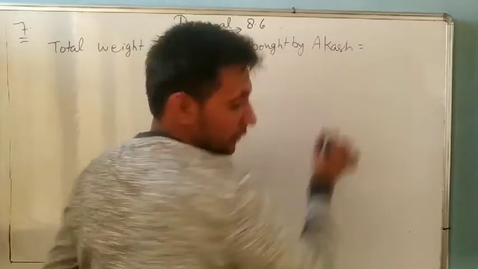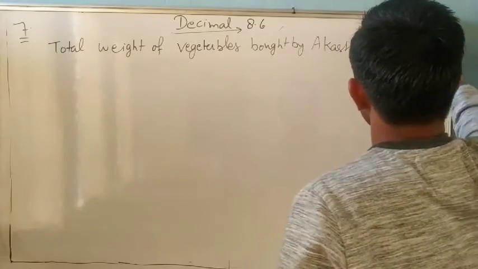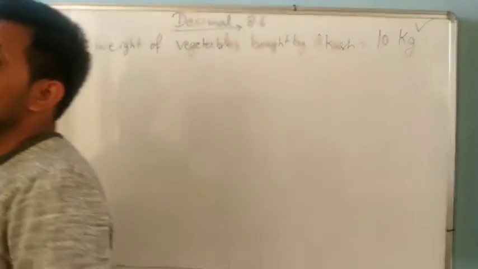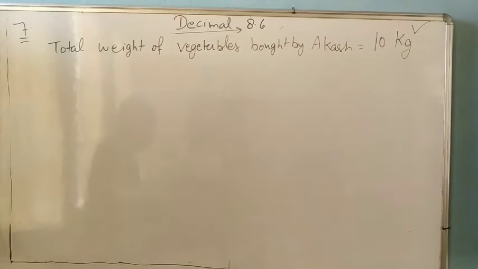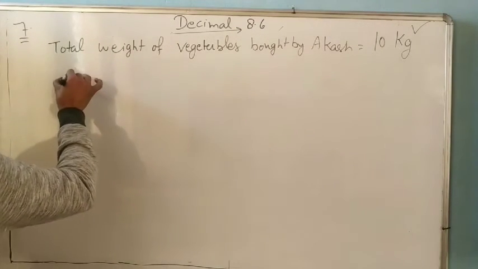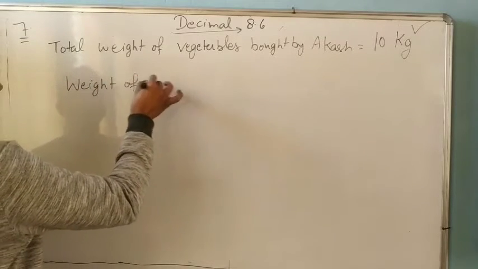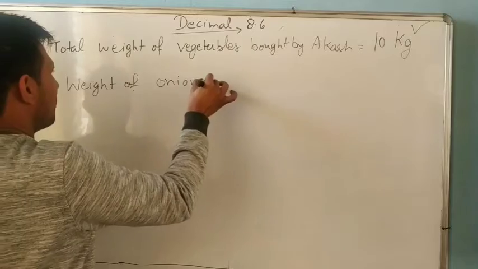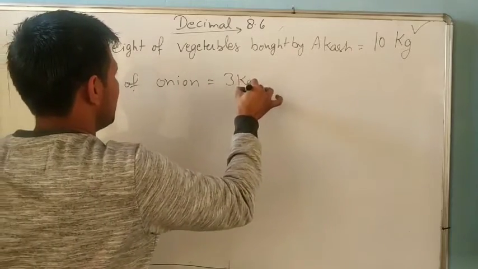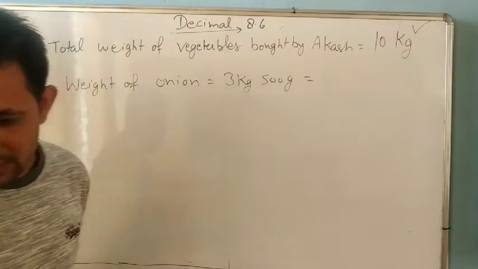How much? Total weight how much? 10 kg. Akash bought 10 kg of vegetables. But out of this, onion is 3 kg. So write weight of onion. How much? 3 kg 500 gram. Understand it?